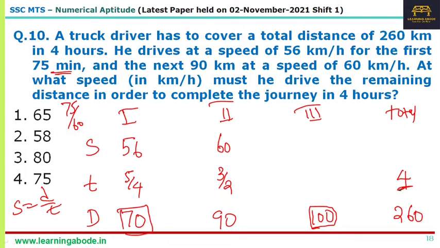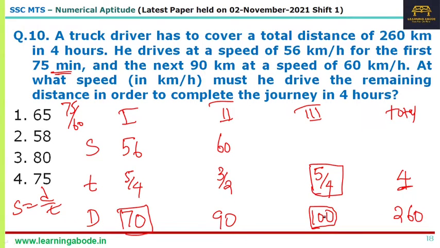Total 4 hours means you have 240. So 240 minus 165 is 75. So he has another 5/4. That is 5/4 plus 5/4 plus 3/2. If you add it together, you will get 4. So this is a value that we have found.